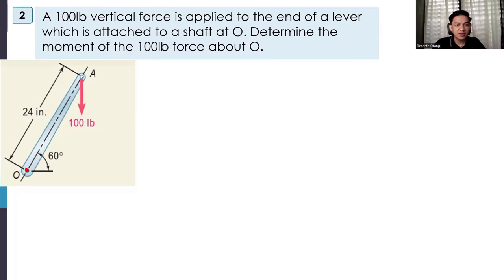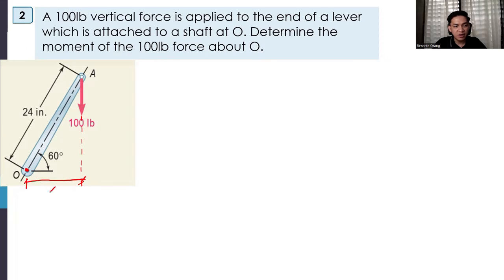Medyo mahihirapan tayo, class, if etong force na to ang i-convert natin para maging perpendicular sa ating distance 24 inches. So, ang gagawin natin, hahanapin na lang po natin, class, yung ating distance from our point O papunta po sa ating 100 pound, which is horizontal distance. From point O papunta sa ating force.